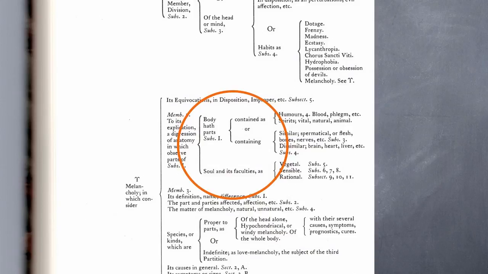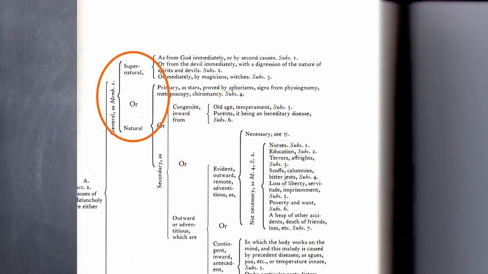Now within this little duality, there's another duality, contained or containing. Something contained in something, like something is in a box, or something containing something, like a box. That's a duality as well. Moving on. Supernatural or natural. Obvious duality, and these are pretty much opposites.